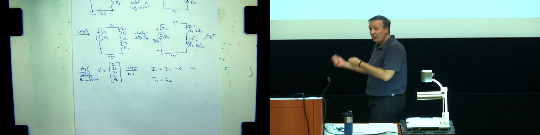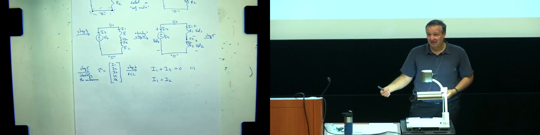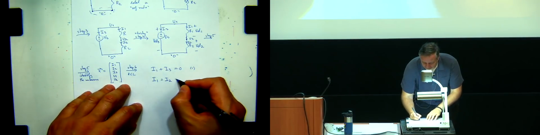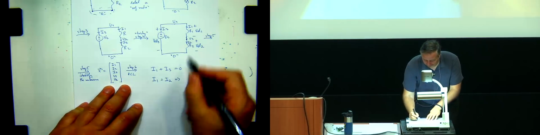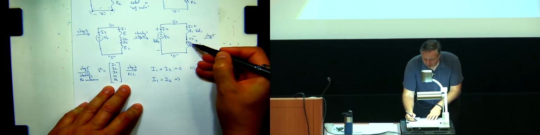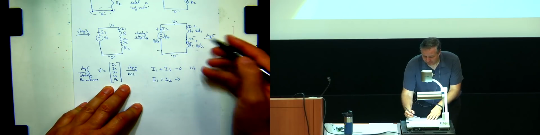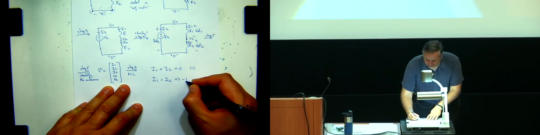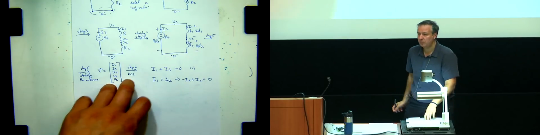Now, because I know I'm going to have to put it eventually in the matrix form, sometimes it's easier to write it immediately the other way, which means I always write it with a 0 on the right-hand side. So I would read this node as saying, I adopted the convention that the exit current is positive. So I'll say minus I1 plus I2 equals 0.